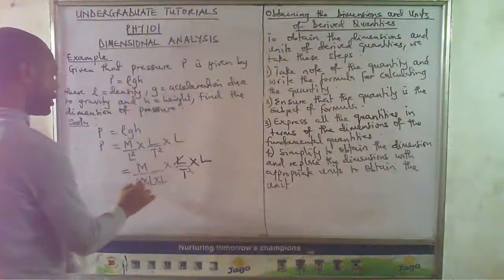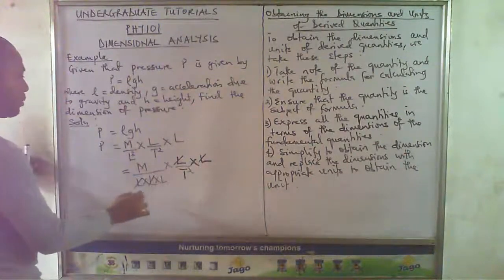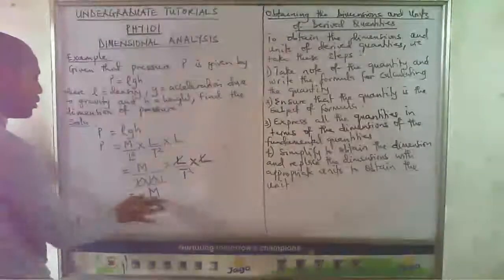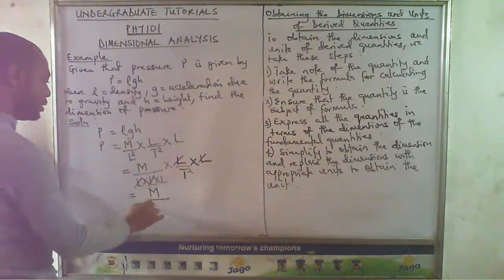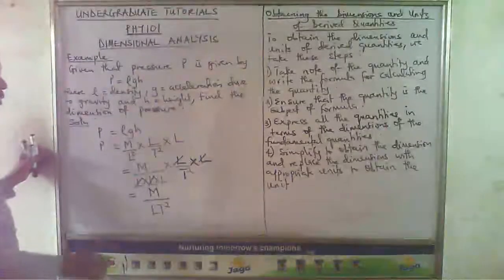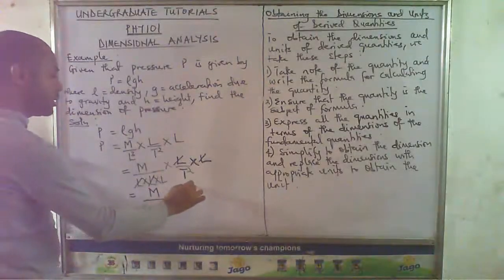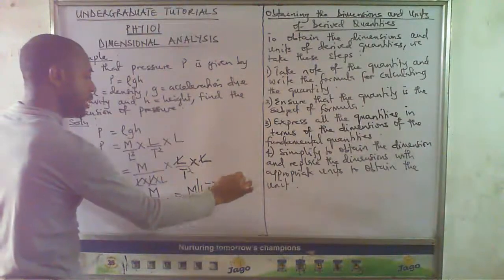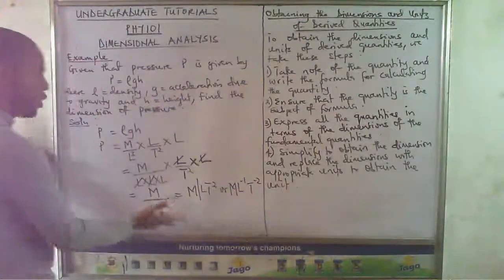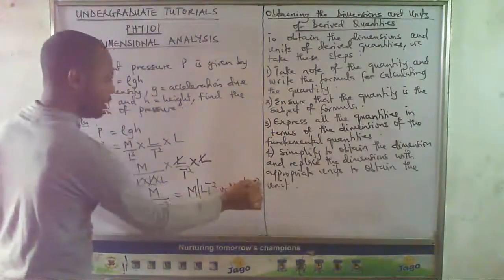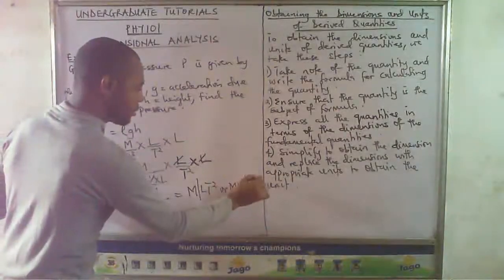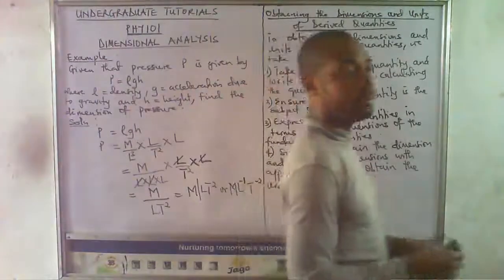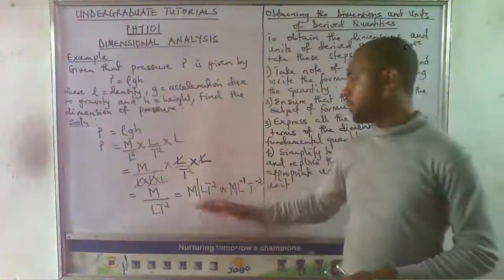So length and length can go, and I will be left with mass only on the numerator, all upon length times length times time square, which we can write as mass per length square, or mass per length per time square, when you apply the mathematical law of indices. So this is the dimension of pressure.